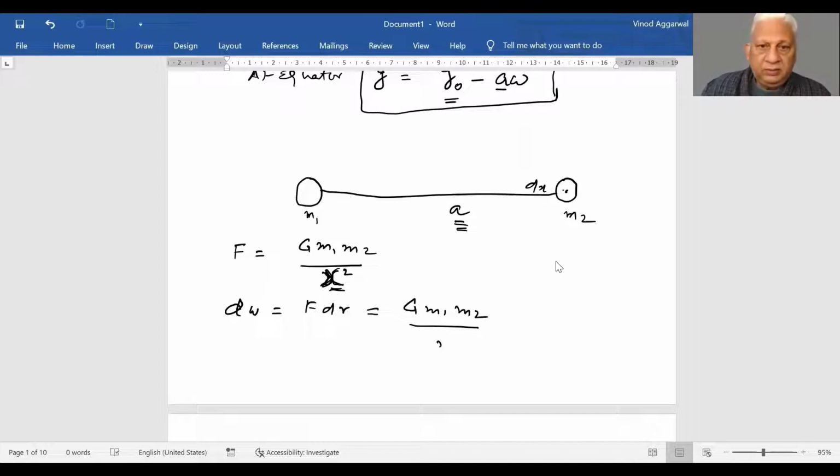So this will be x square and it has moved a small distance dx.